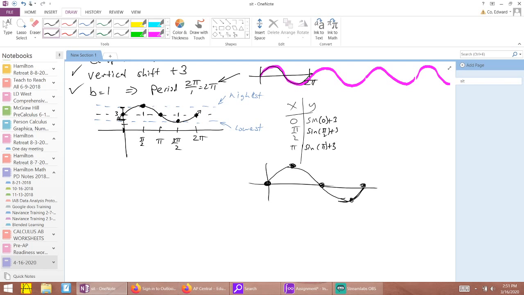And the idea of a sine graph is the y values of a circle. Specifically, we call it a unit circle.